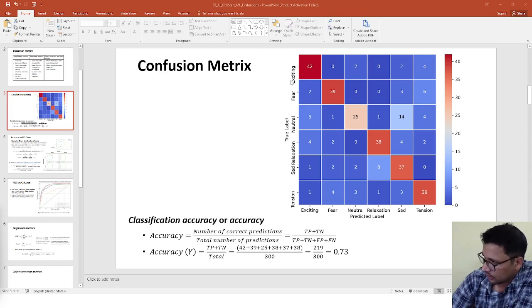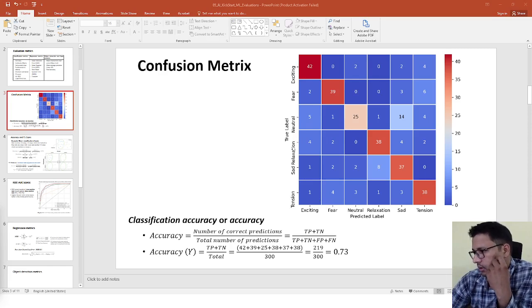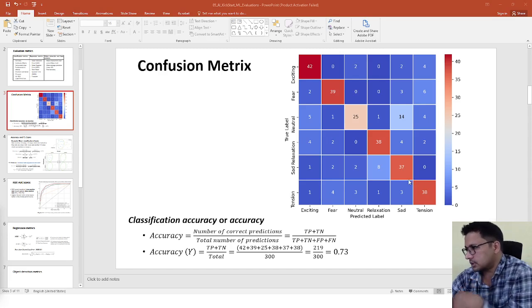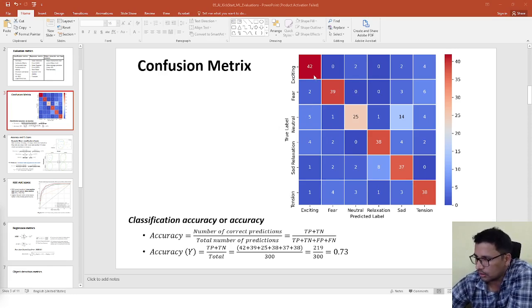And here on the y-axis we have the truth label for each sample of this data set. The diagonal elements are the truly or correctly classified samples by our model on this test data, and the non-diagonal elements are the confused samples by our model.